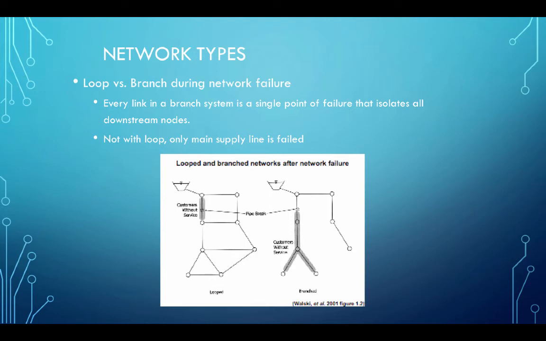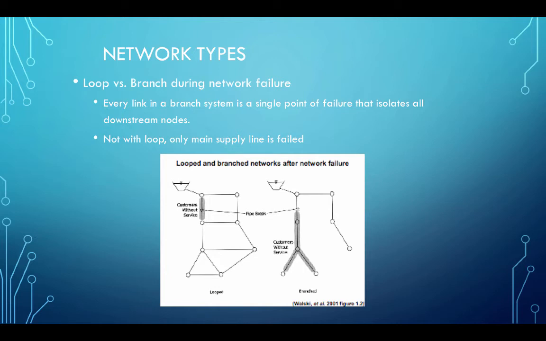And here's an example, loop versus branch. Every link in a branch system is a single point of failure that isolates all downstream nodes. That's not so with a grid system. So look at the picture on the right and the picture on the left. They both have the same node layout, so they're both serving the same amount of customers.